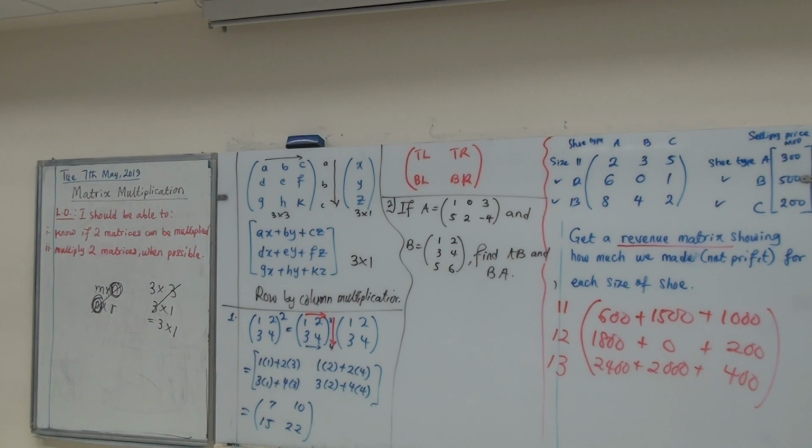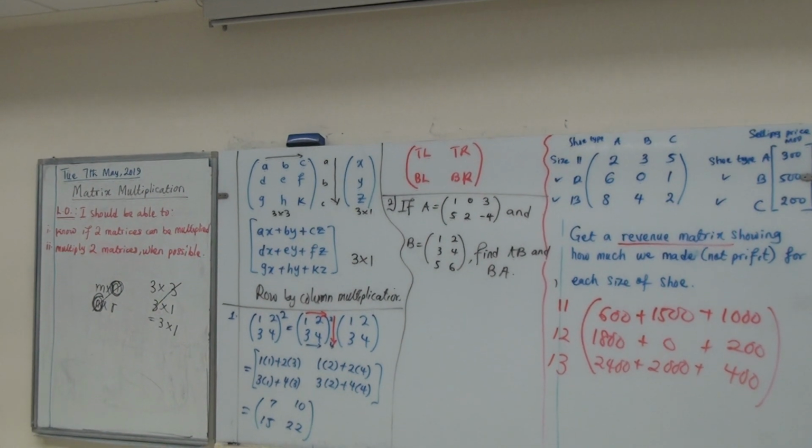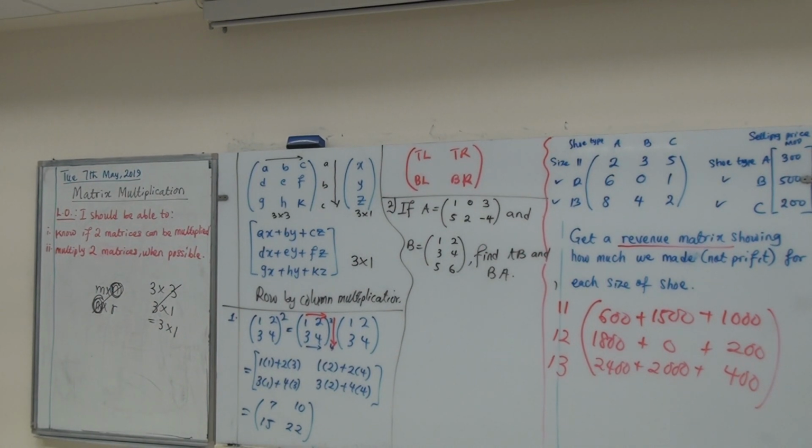Now raise your hand if you have done any of them, either AB or BA. The first thing you should do is to have the matrices written beside themselves first.